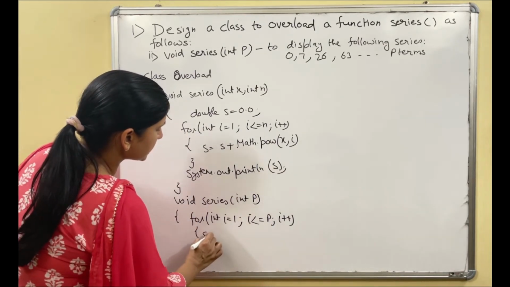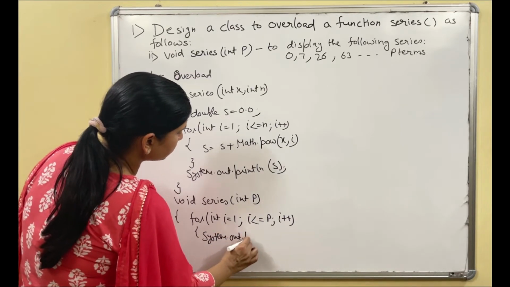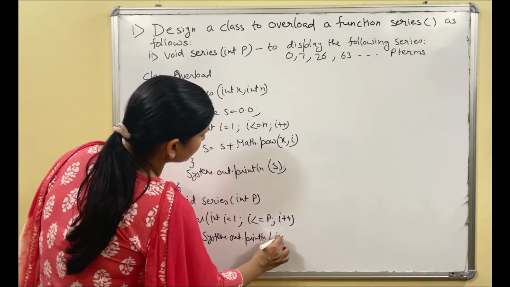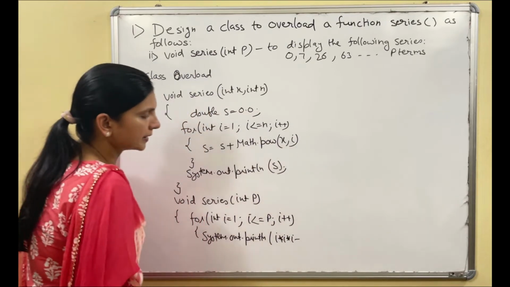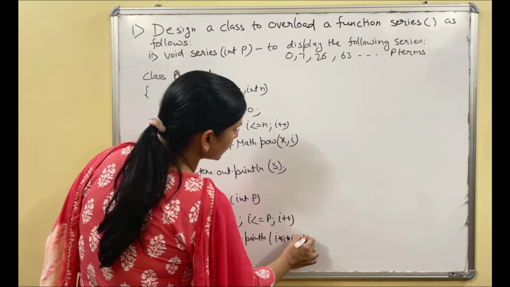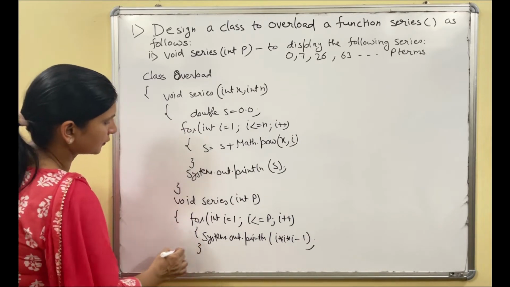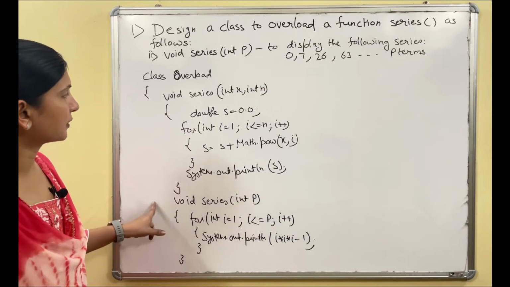So simply System.out.println(i cube minus 1), that is i into i into i minus 1. And then close the function. So this was the second function.